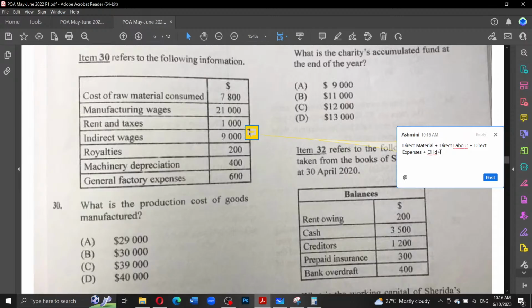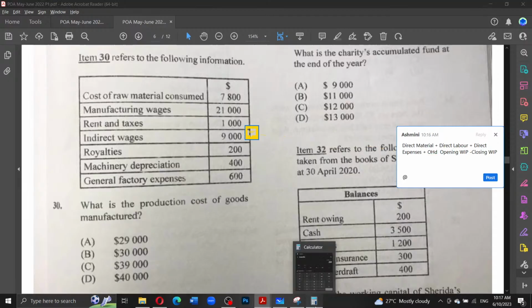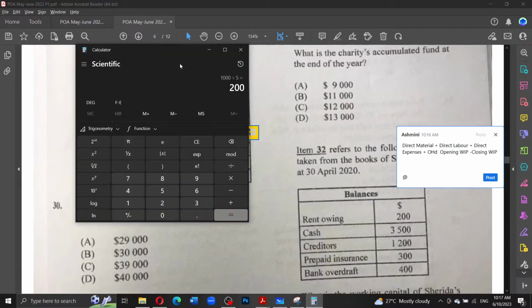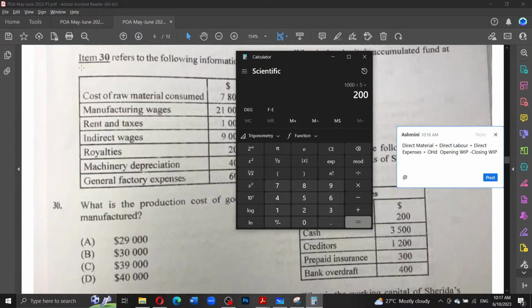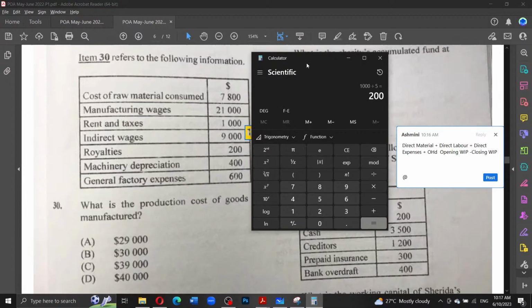And if we have work in progress, no, we don't have any work in progress. Plus opening WIP, WIP is work in progress, less closing WIP. So let's go to the calculator. So cost of raw material is 7,800.